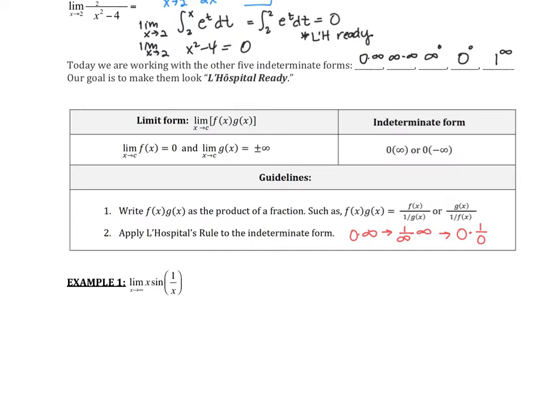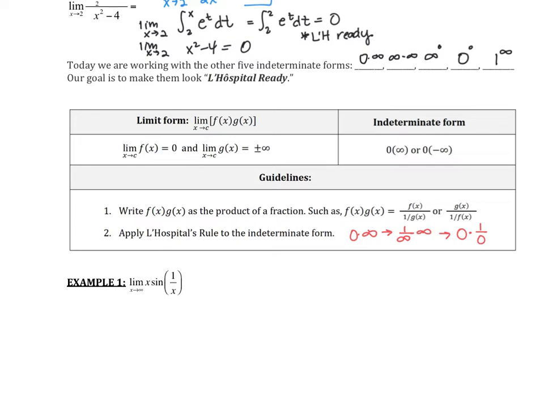Both of these are examples of how we can take something that starts out as 0 times infinity and rewrite it as a fraction. If we rewrite it as a fraction, 1 over infinity over 1 over infinity gives me the indeterminate form for L'Hopital, that makes it L'Hopital ready, or 0 over 1 over 0 gives me L'Hopital's form, makes it L'Hopital ready.